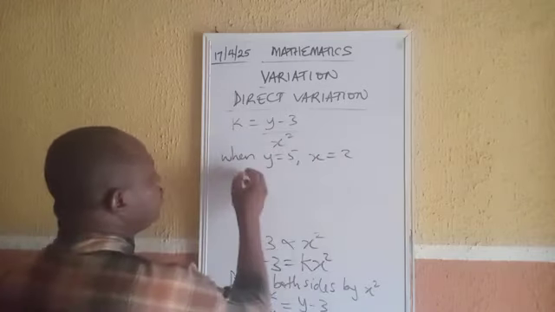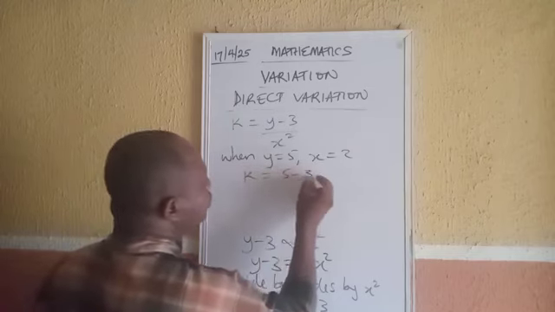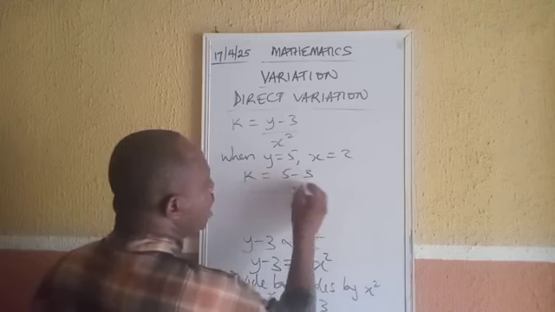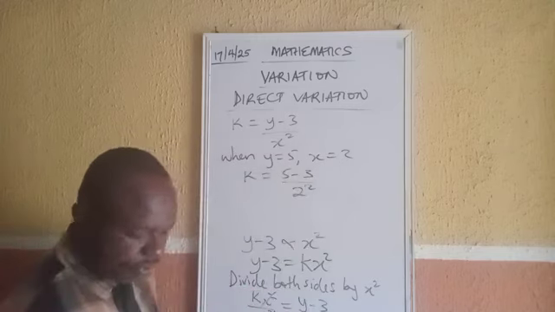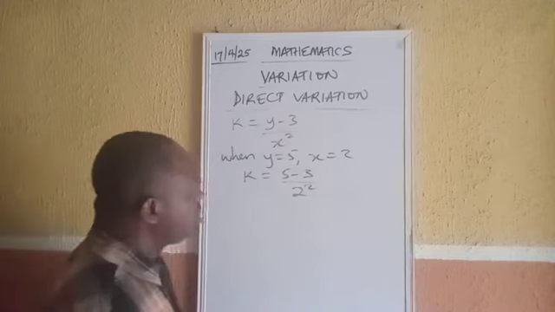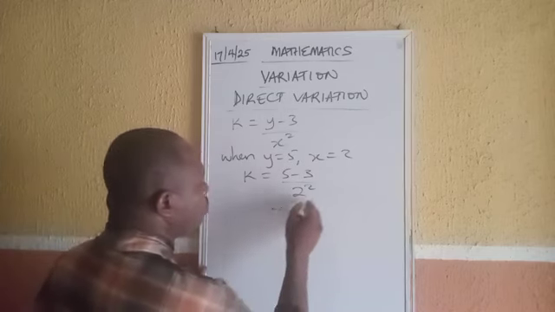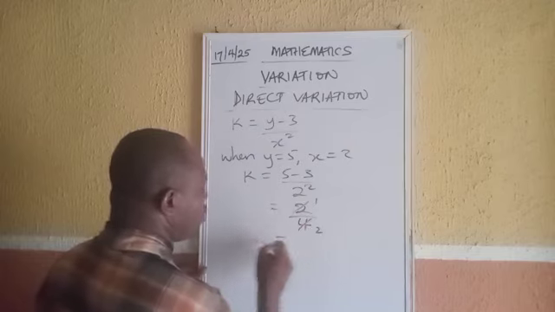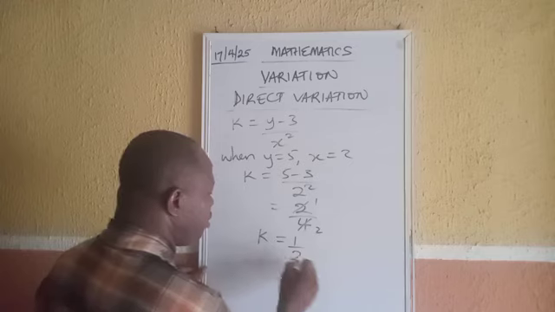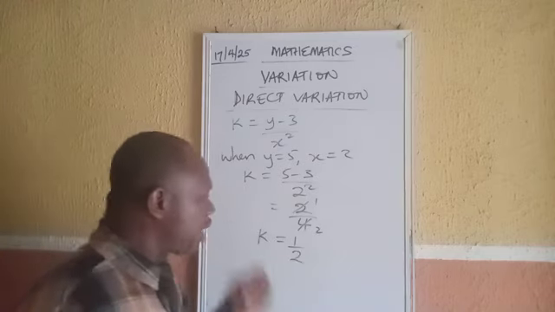Let's put it inside this relationship now. K will be 5 minus 3 over 2 squared. That will give us 2 squared is 4, 2 over 4, which is 1 over 2. So the value for k is 1 over 2.